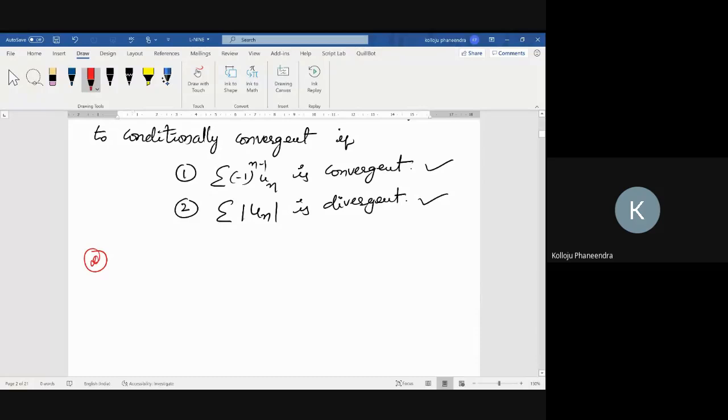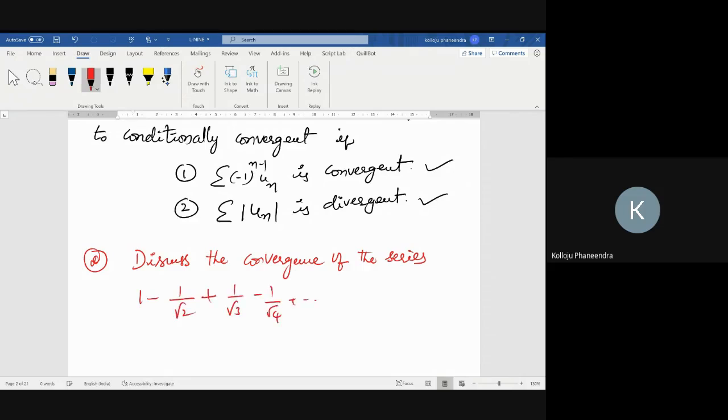Discuss the convergence of the series: 1 minus 1 by root 2 plus 1 by root 3 minus 1 by root 4 and so on.